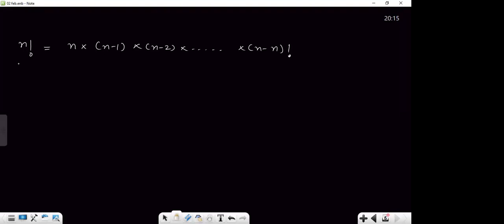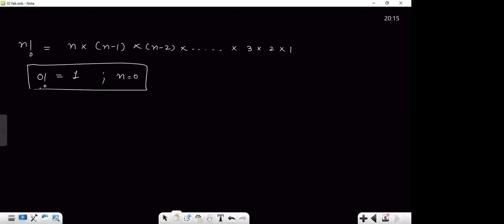We can also write this in the format that it will go on till the natural number becomes 3, then 2, then 1. Or directly 1 whenever n is 0. Basically, for 0 factorial, it is 1. Okay, this is about n factorial.